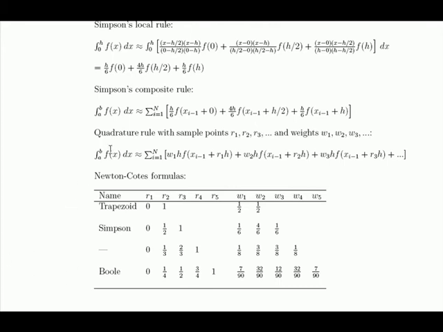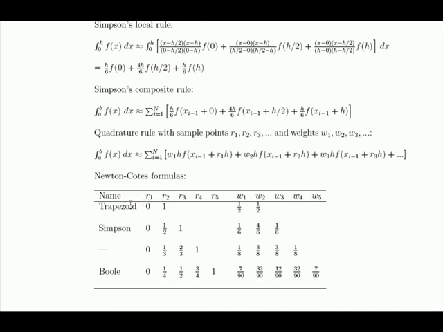And we could derive any of these rules once we've decided what sample points to use. For example, Simpson's rule, we decided we wanted to use 0, 1/2, and 1. Once we decided which sample points to use, we could simply write the Lagrange polynomial like we did here and integrate it and find the weights.